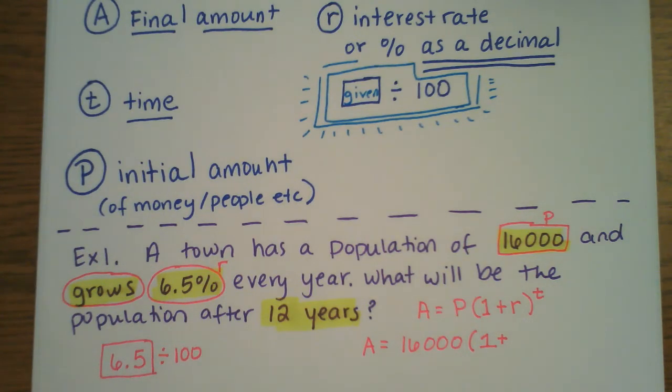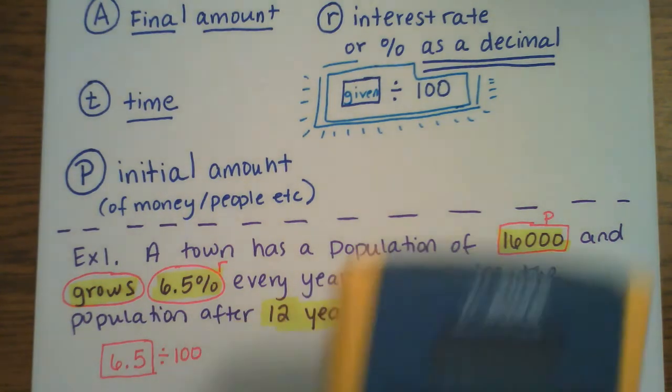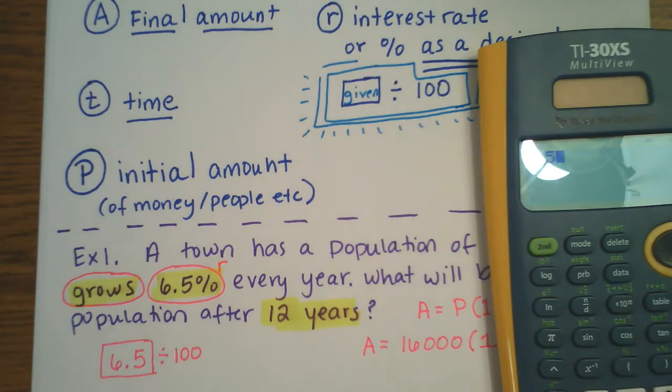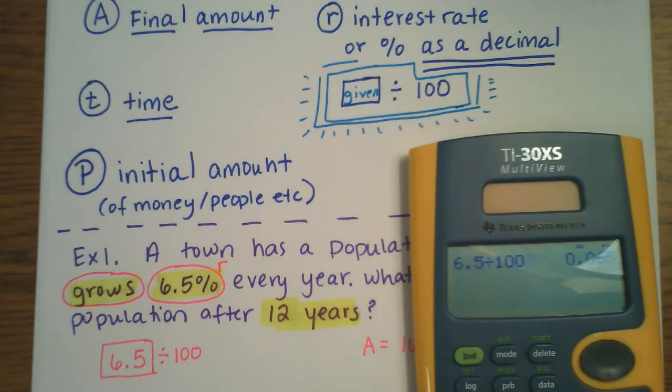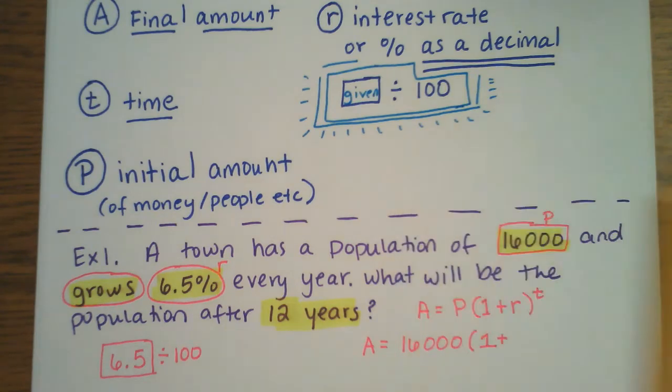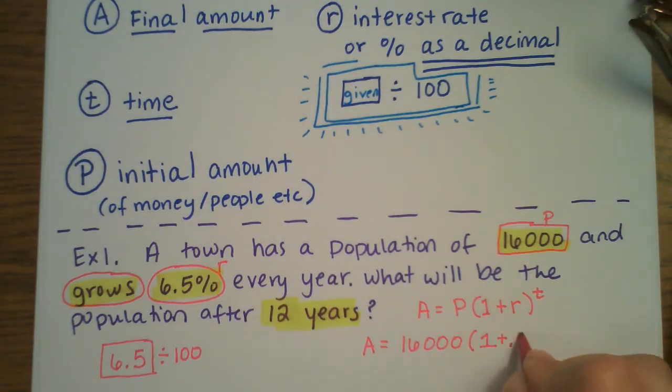So 6.5 divided by 100 is 0.065. All right, so that's good. I like that you said that.